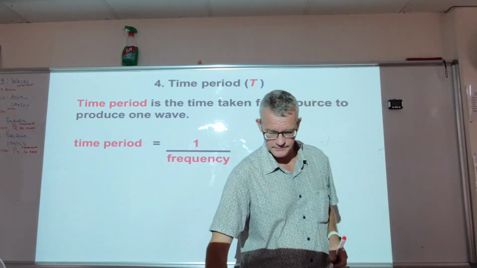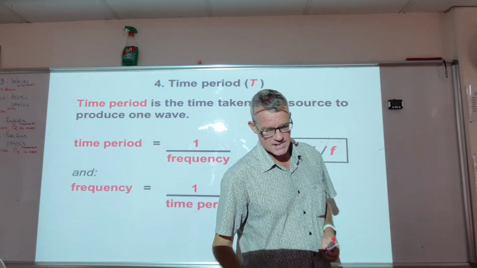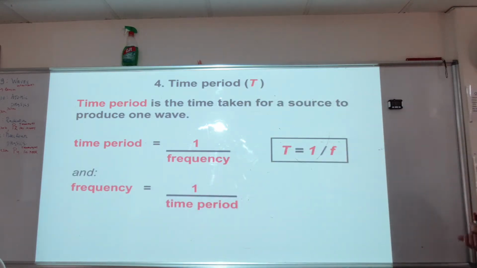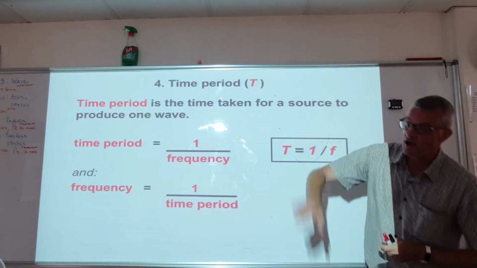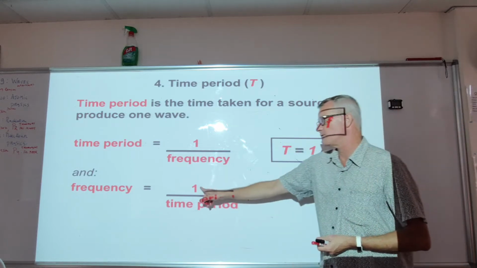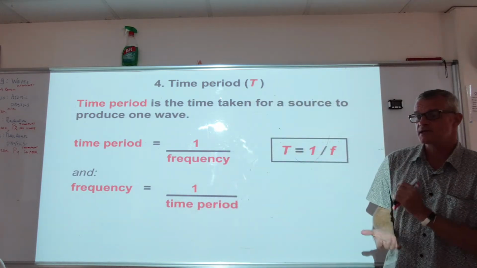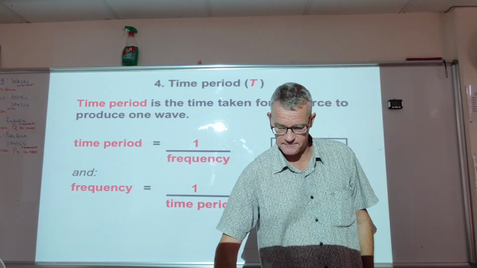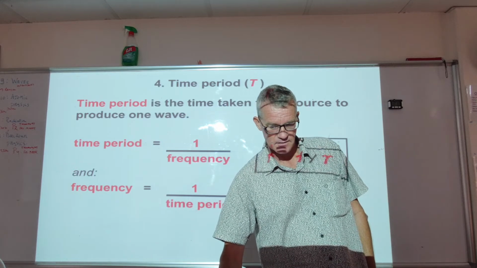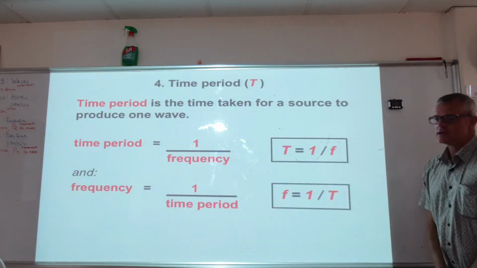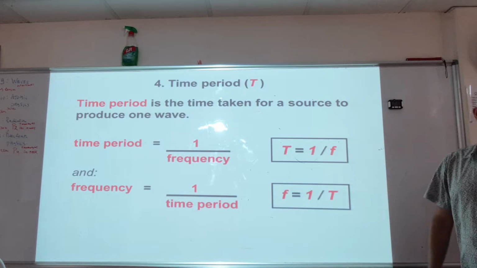All right, so T is 1 over f, and the frequency is again 1 over the time period. I will give you some questions later and then you can make some calculations, okay? So first, make a note of this.